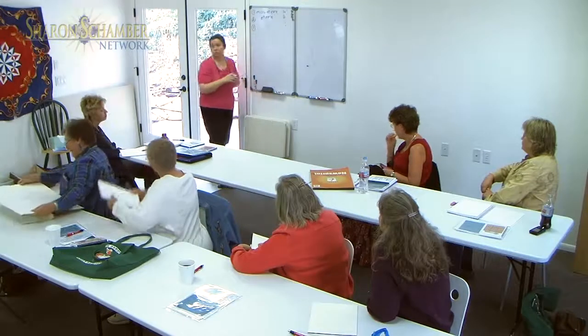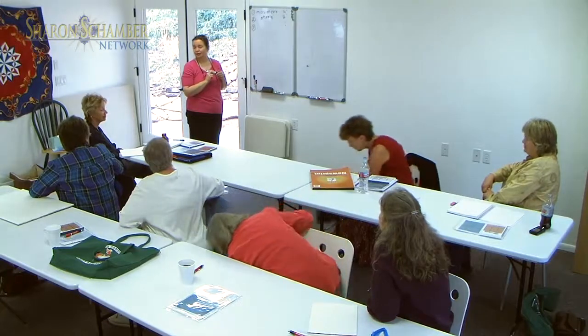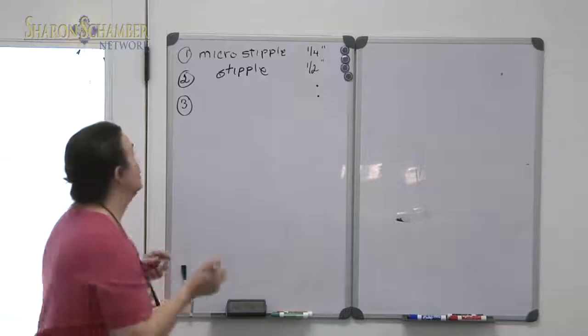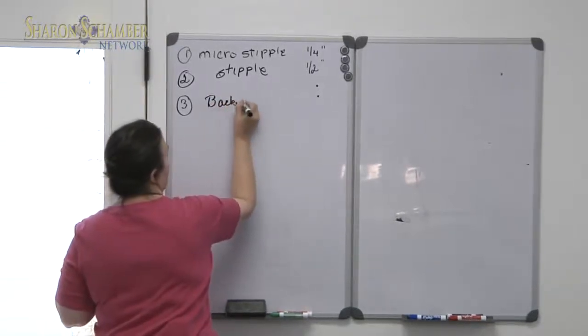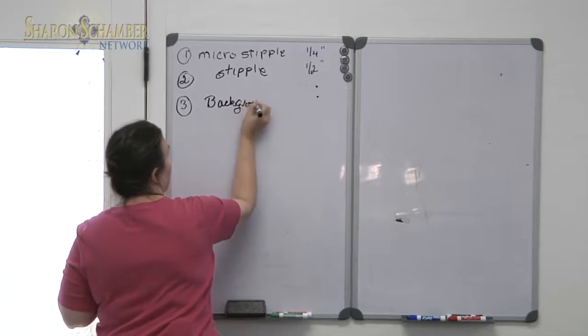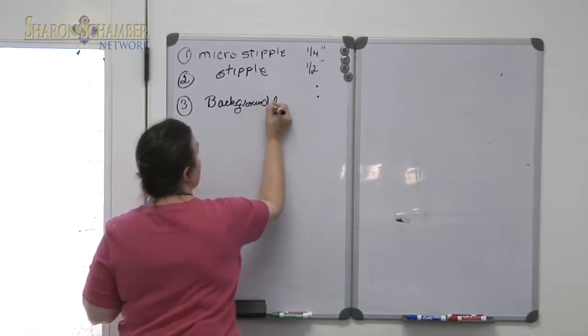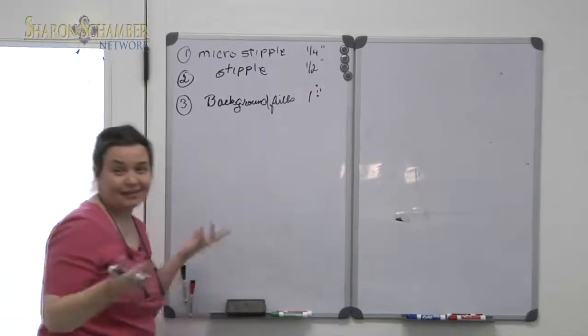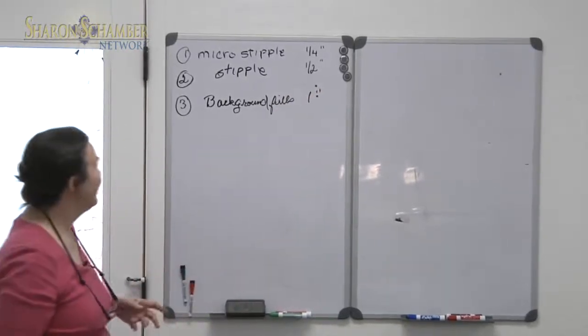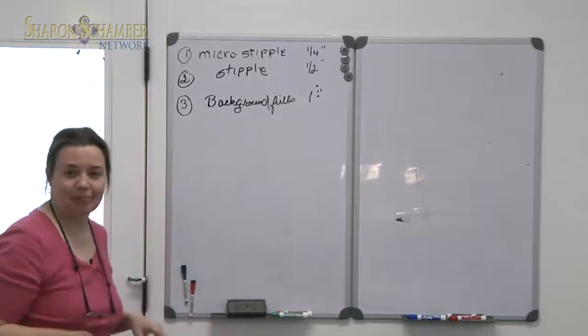So what would the third size be? And let them kind of guess a little. Well, arch stipple. Okay, what was this? Okay, background fills. And this is very important. I tell you, see, you don't even have to say anything. Isn't that cool? And I went to the right brain, so I'm picking it up.